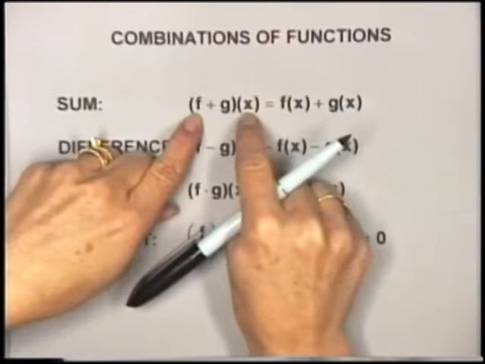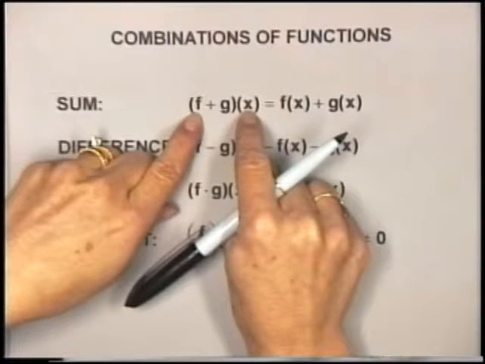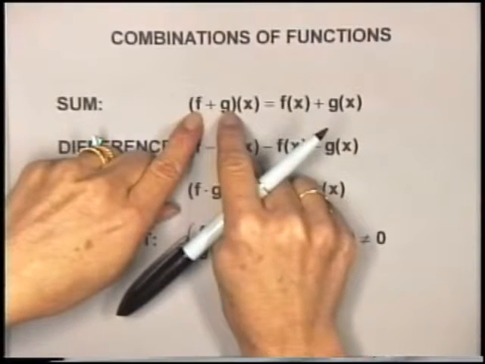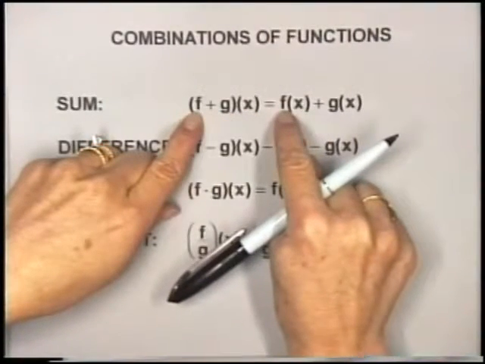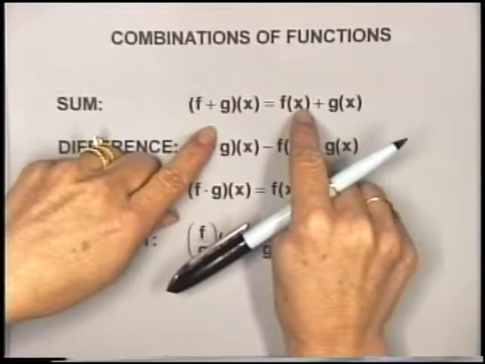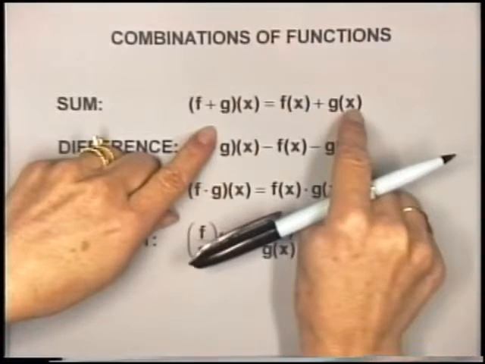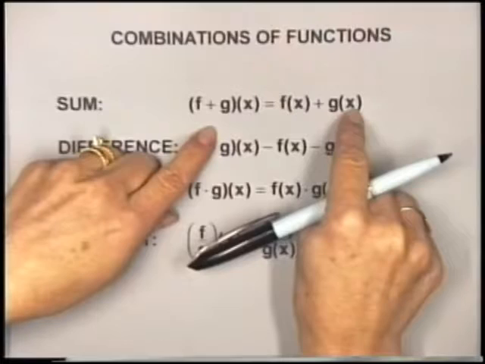The purpose of this part right here, remember, is to indicate that x is our first coordinate. You'll notice that what this says that we do if we're adding two functions is we simply add the f of x function plus the g of x function. You'll see that in an example in a few moments.